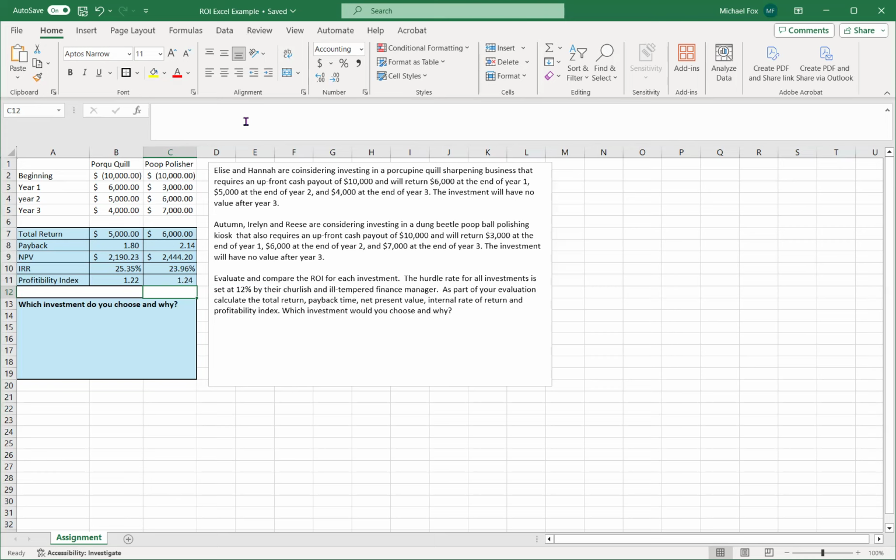They're both giving us really nice returns. When our goal is to make 12%, they're making over 20, 24 or 25% each. So my recommendation would be, if you could only choose one, then invest in the polisher unless there are other non-financial reasons to invest in one or the other. But if we have the funds, we should invest in both of them because they're both good investments.